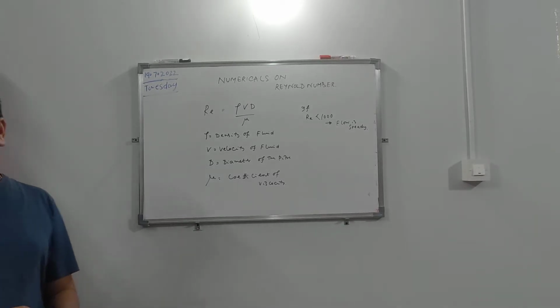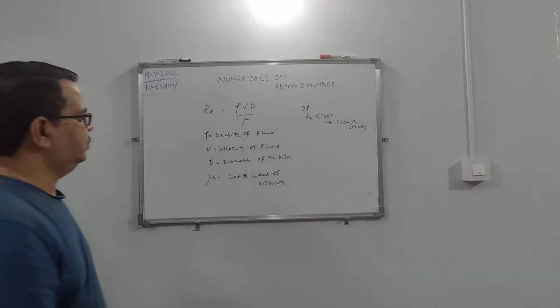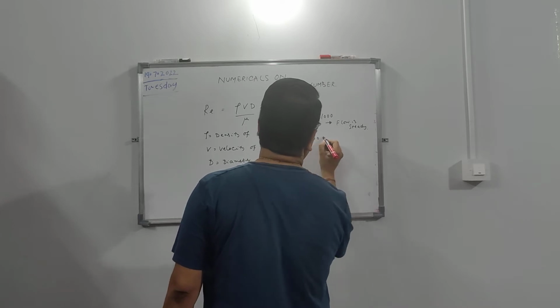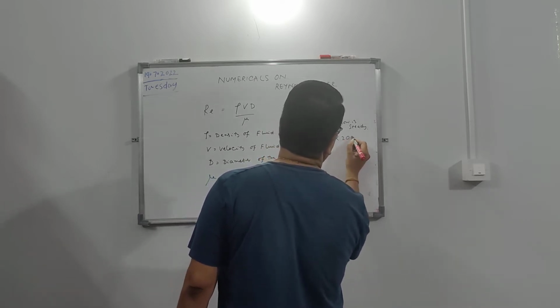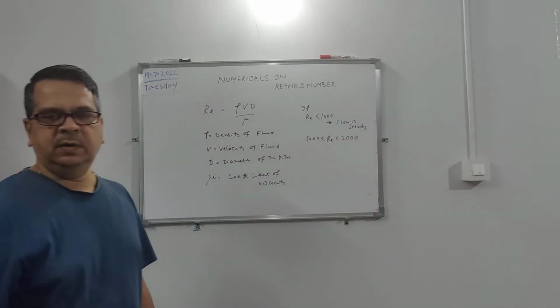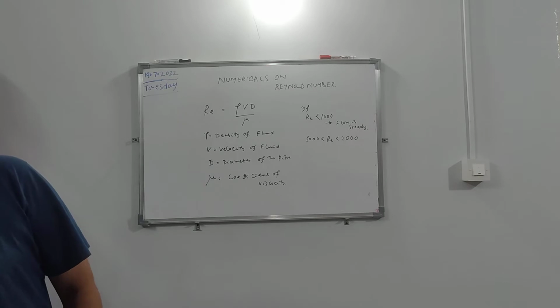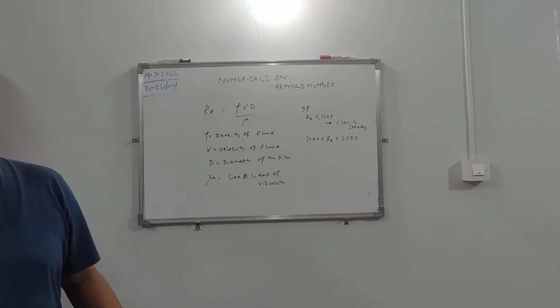If it is between 1000 and 2000, the flow becomes unsteady.